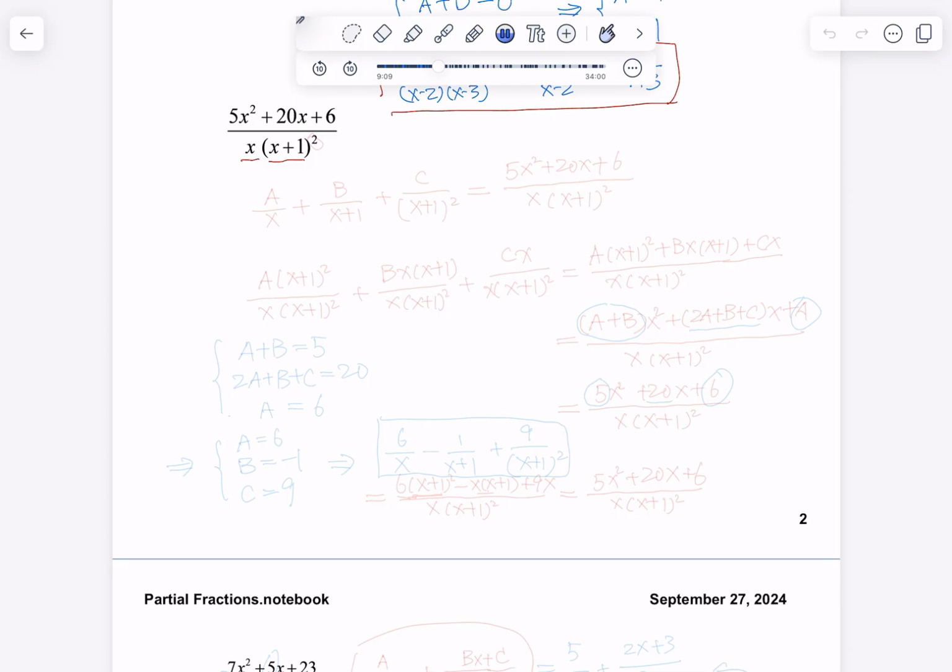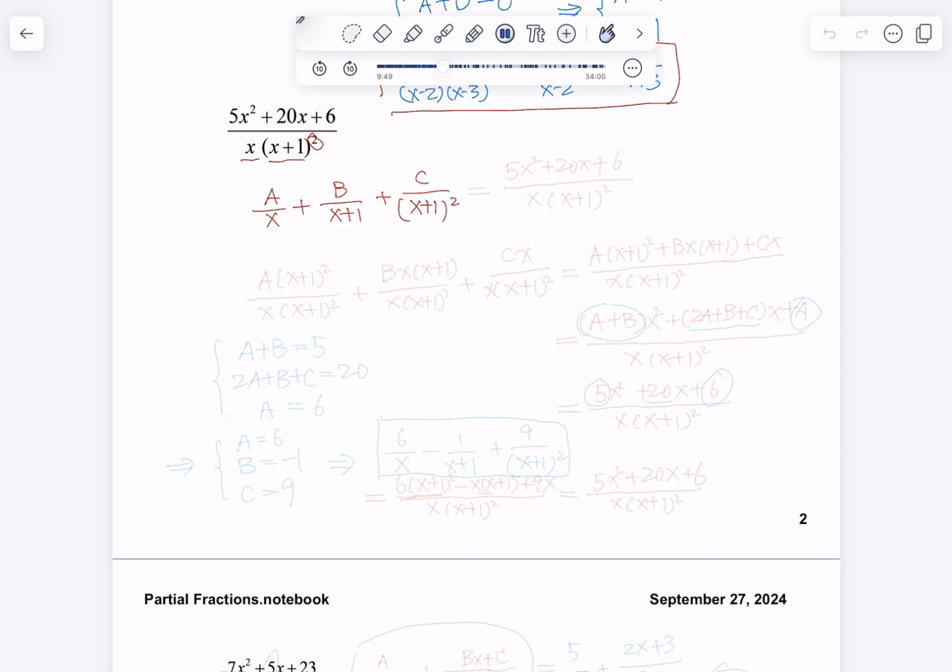That means we should be able to decompose this rational function into the summation of the following: A over x plus b over x plus 1 plus c over x plus 1 squared. We must include the factor x plus 1 because the x plus 1 linear factor has a power of 2. So we must include all the lower powers of this linear factor up to power of 2.